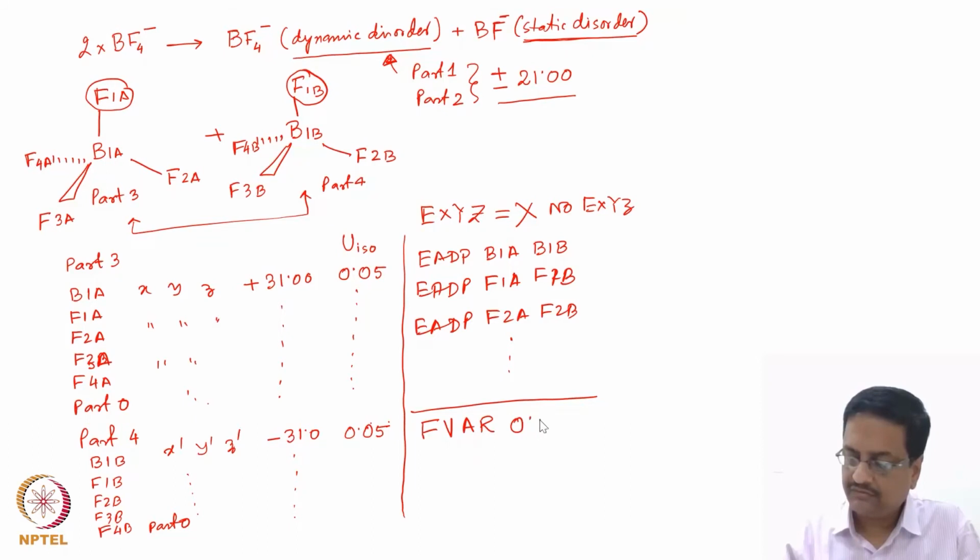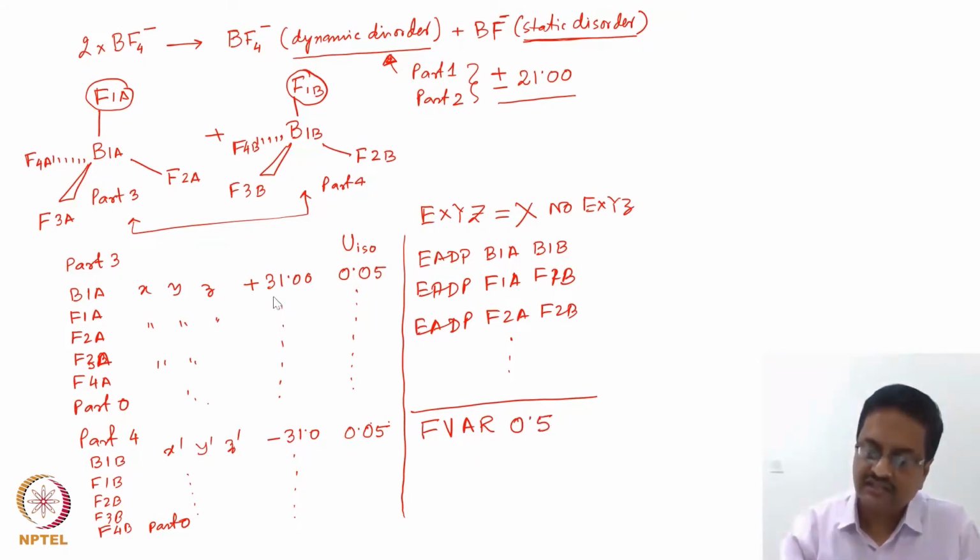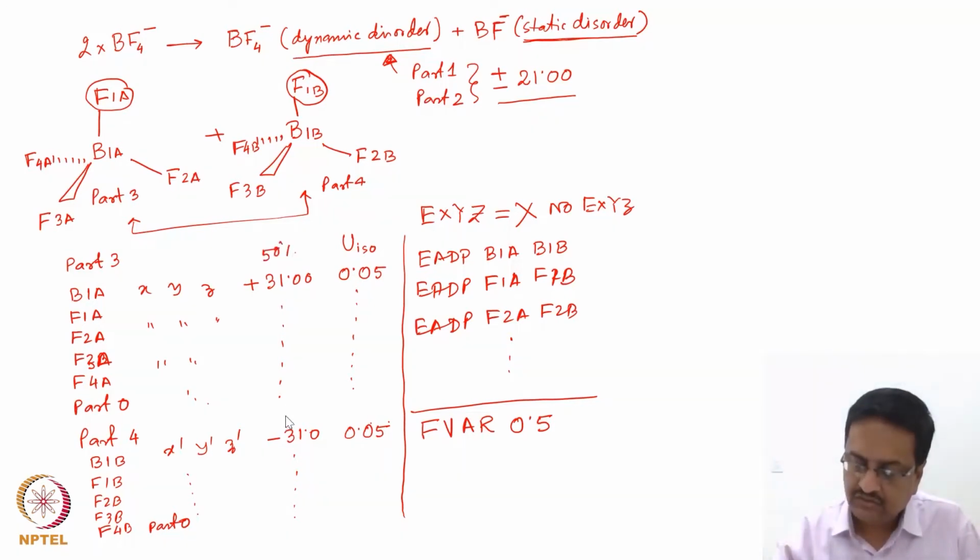as 0.5 to start with, which indicates that plus 31 means 50% occupancy, minus 31 also means 50% occupancy.